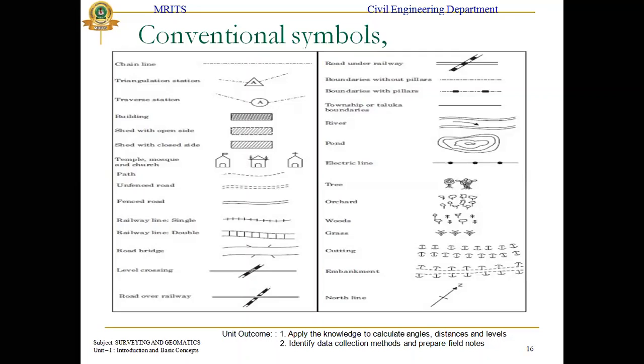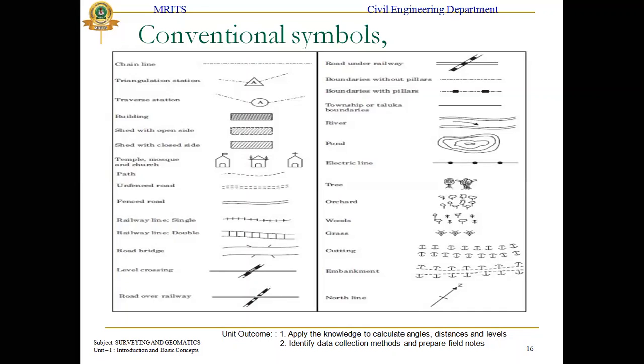Sometimes it is above the road and below the train, sometimes the reverse: road under the railway. Then boundaries without columns and with columns, township areas, pounds, embankment, north line. Temples, mosques, and churches will all be different.